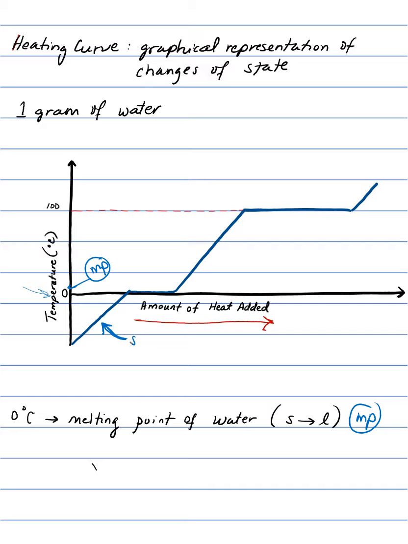The physical state that you have for the water right there is a solid. So you have water, 1 gram of water as a solid. As you start adding heat, the temperature of the water is going to start increasing. Now your solid will be converted to a liquid.